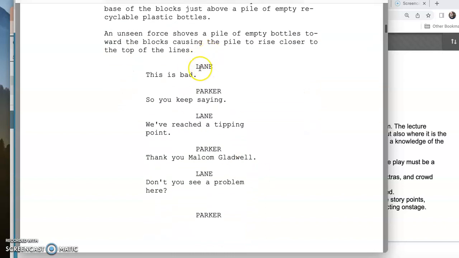Here then we see, not dissimilar to screenplay format, all caps character name, upper and lower dialogue, spacing, okay?